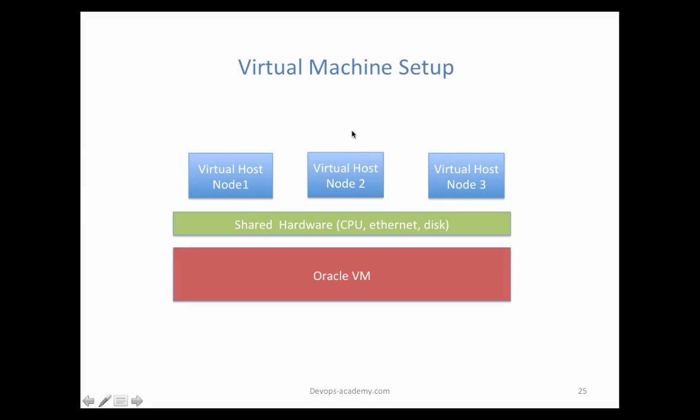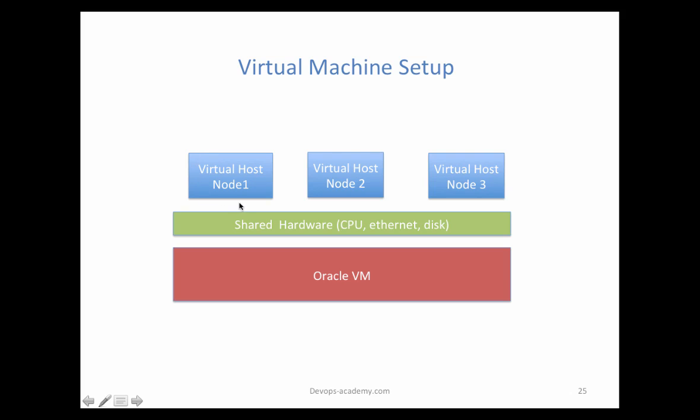So let's look into your environment setup. Here we are using the Oracle VM as we installed it, and we have installed one virtual host, which is the Ubuntu 10.04 OS, and we can install multiple OSs here. Firstly, we are setting up a Hadoop single node cluster.